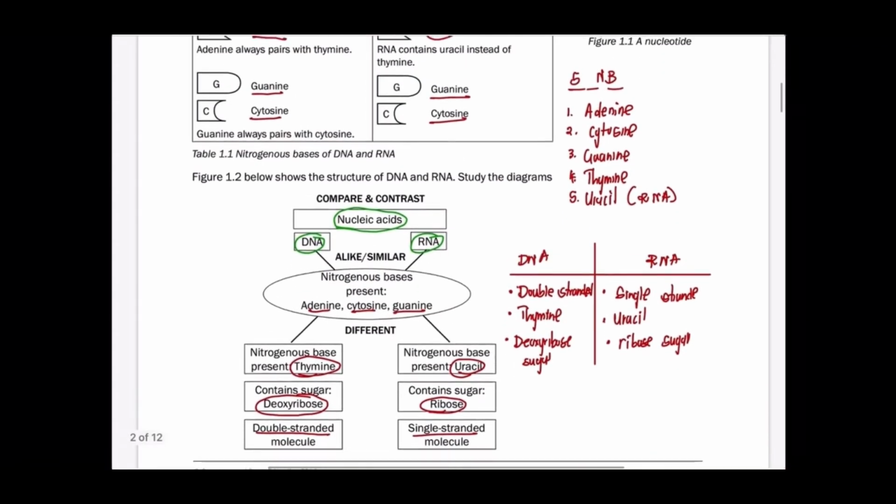And there are also 3 main differences between DNA and RNA that you always have to remember. The fact that DNA is double-stranded, RNA is single-stranded. DNA contains thymine, while RNA contains uracil, and the fact that DNA contains a deoxyribose sugar, whereas RNA contains a ribose sugar.